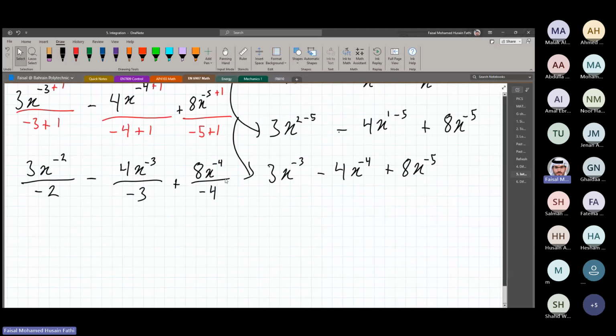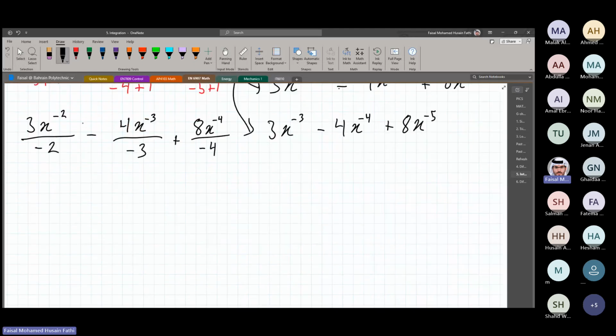Easy so far, right? Just straightforward. You're just doing basic math now. And here we can simplify it even more. 3x^(-2), so there's a minus. We'll just keep the minus outside. This is just this minus, we're taking it outside. Okay.